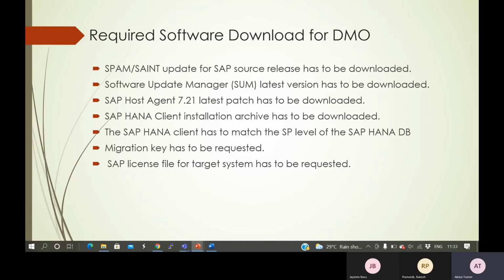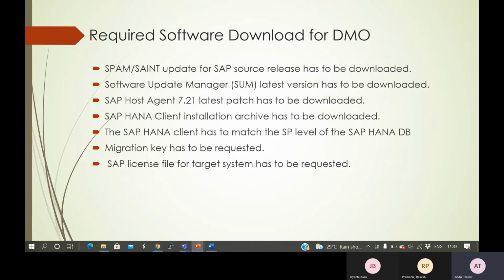As a prerequisite, you have to download all the DVDs from the download manager, through the maintenance planner, the SPAM and everything. The SUM will automatically download the host agent and HANA clients.